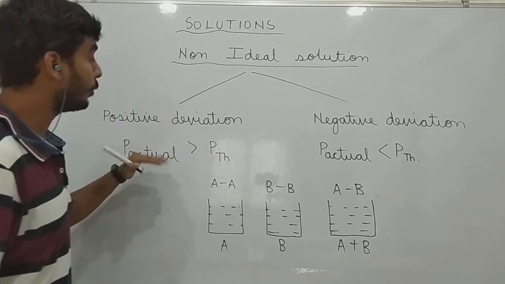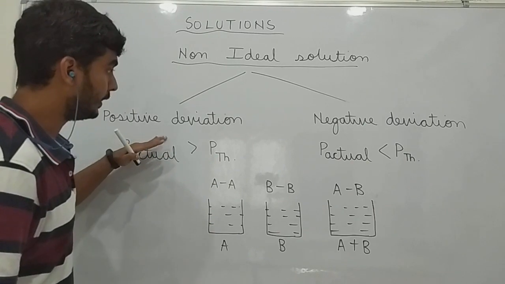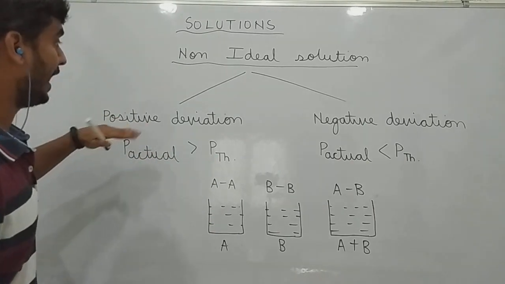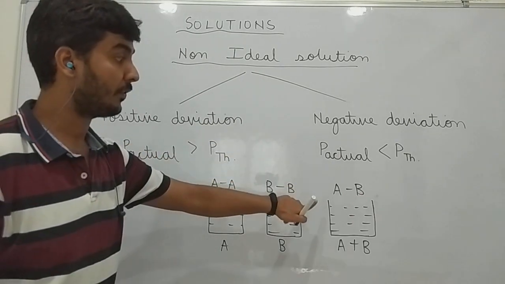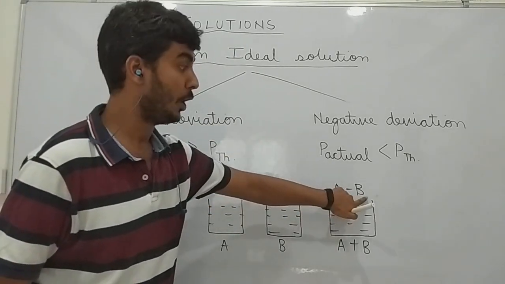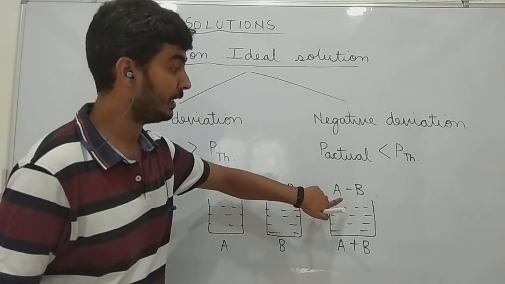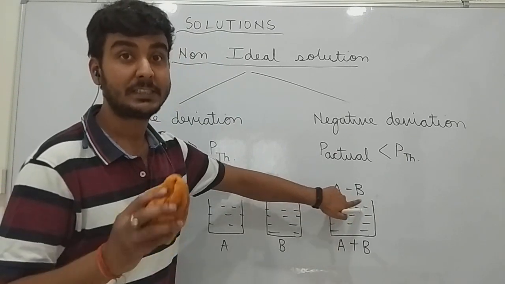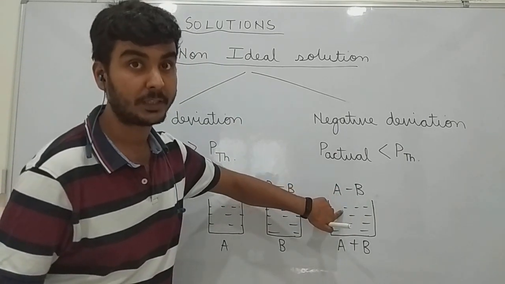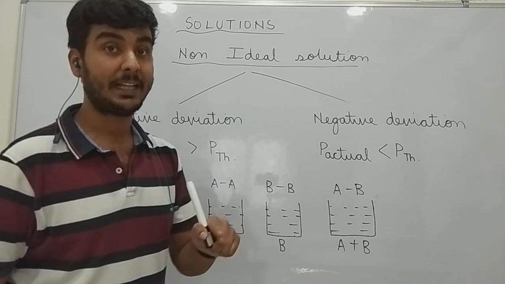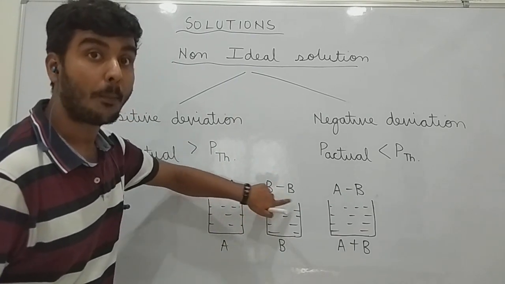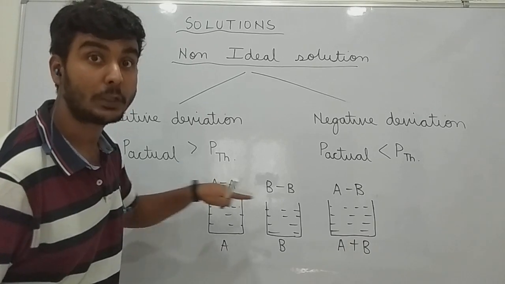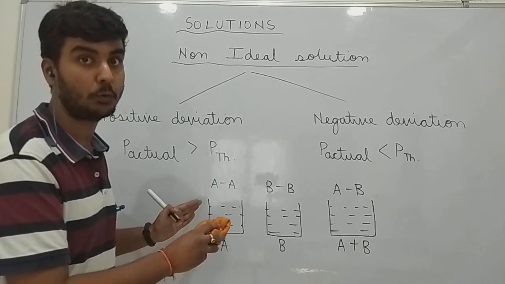So one of the properties of the solutions which are having positive deviation from Raoult's law is that the force of attraction between the molecules of the components forming the solution is less than the force of attraction between the molecules of similar components when they are present alone.